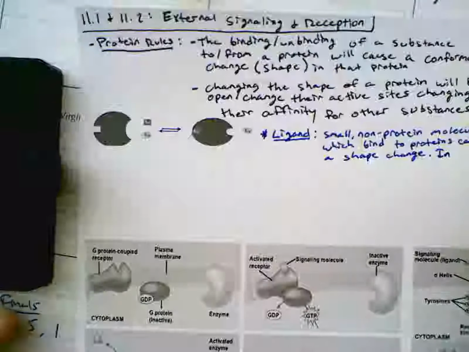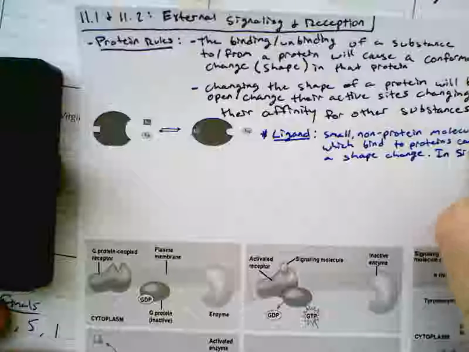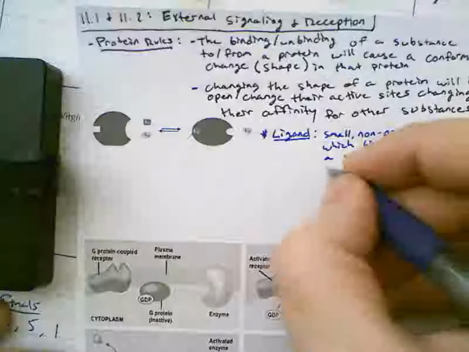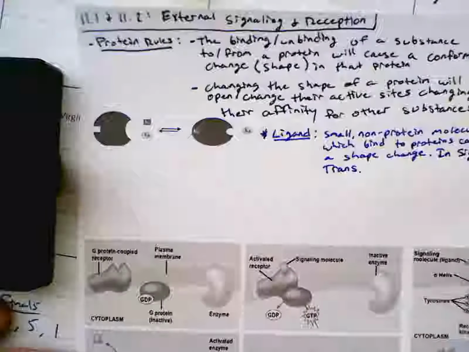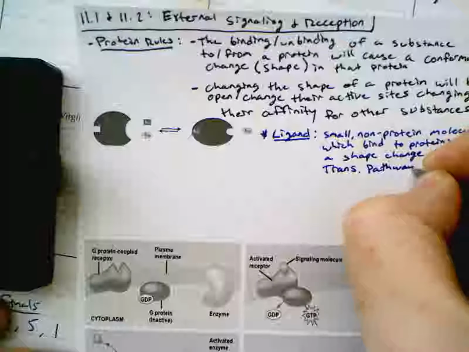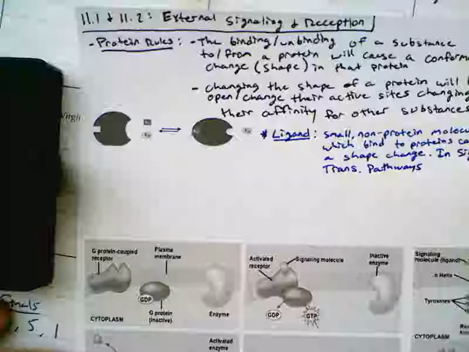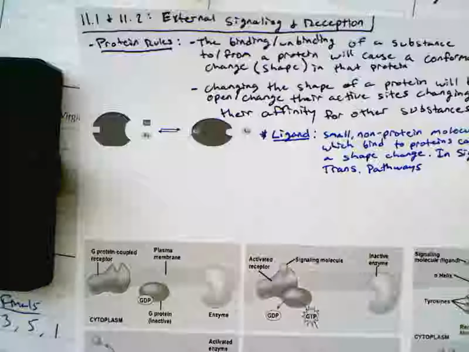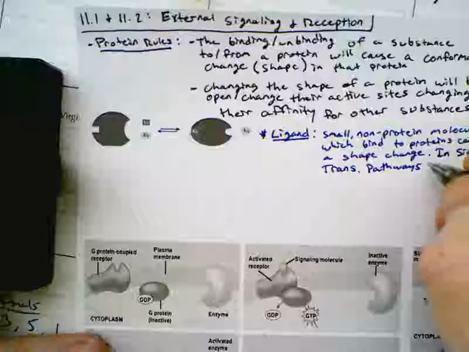Now for us, in our context, in signal transduction pathways, I'm just going to use signal trans for signal transduction pathways. These are normally water soluble and unable to enter the cell.